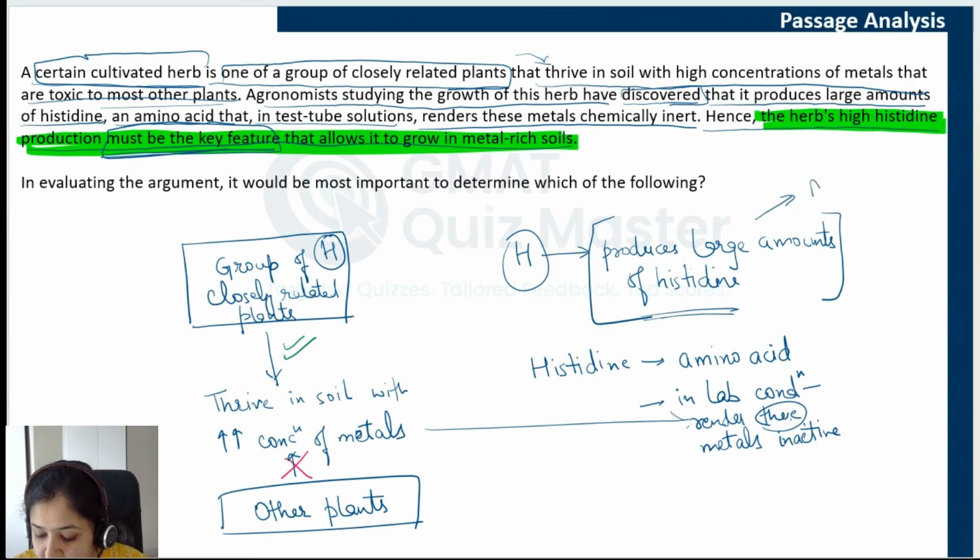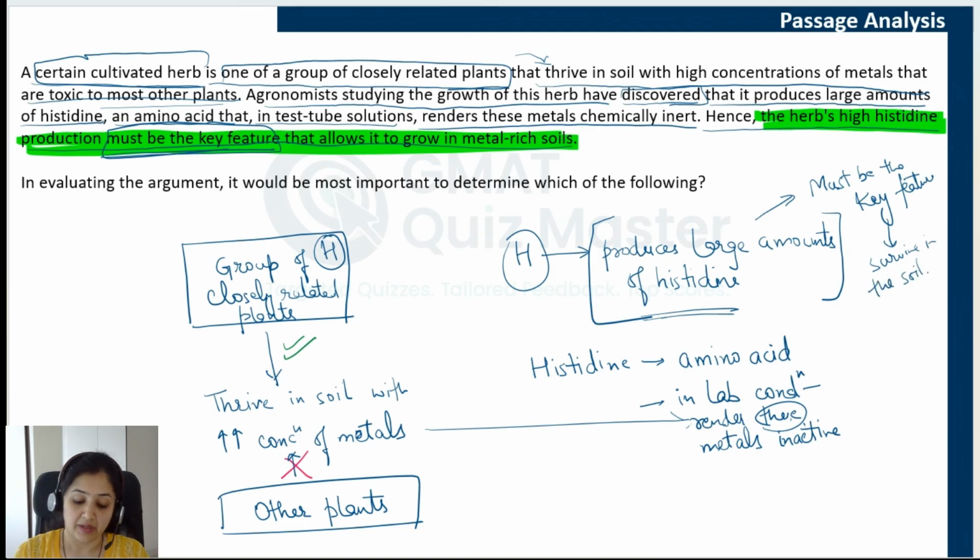Now, understand that the conclusion uses this word must be. So it is not just saying that it can be or it can be one of the features. It is saying that it must be the key feature. It must be the main reason why the plant can survive in that kind of soil. So that is what the passage tells us.